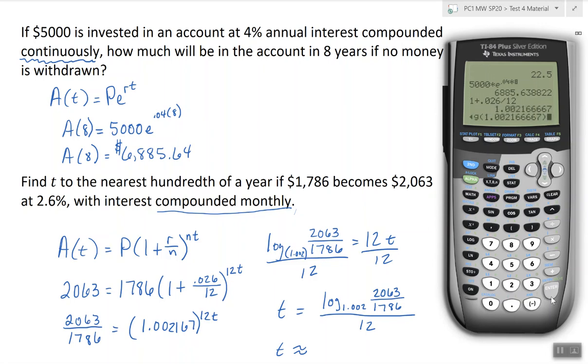And if you want, you can go ahead and hit enter and then divide that by the 12. So we get 5.55 years, rounded to the nearest hundredth of a year.